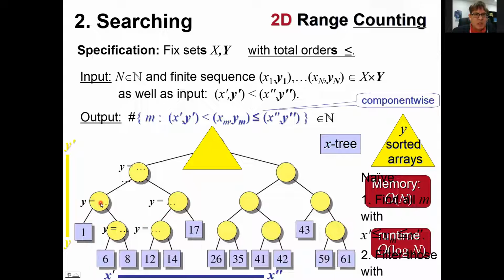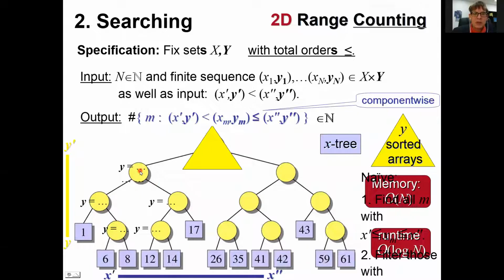Also, this node stores elements repeatedly, those in the smaller subtree. And this one stores all those elements in this subtree. So that means that elements occur repeatedly on each level. Every element that occurs here also occurs again in this sorted array. All elements that are stored here occur again here.